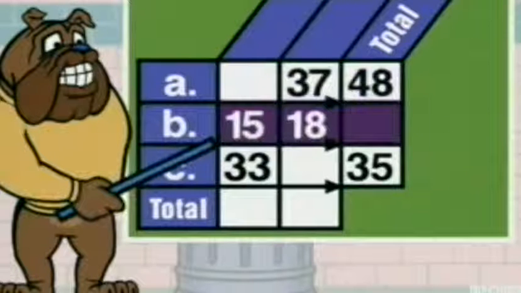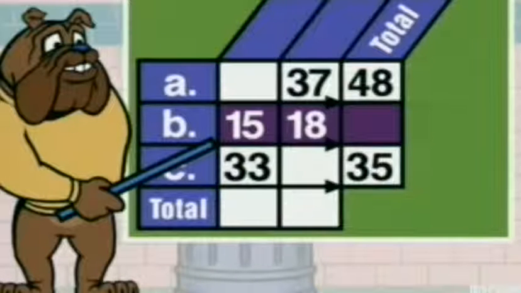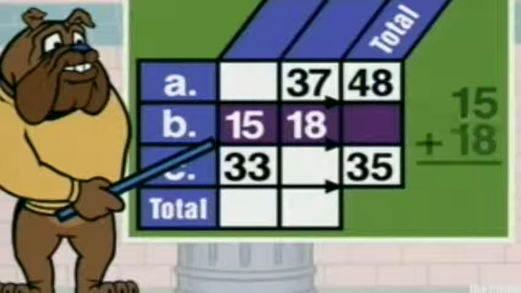In the row for this number family, is the missing number a big number or a small number? A big number is missing. Do we add or subtract to find the missing number? Say the addition problem. 15 plus 18 equals how many?